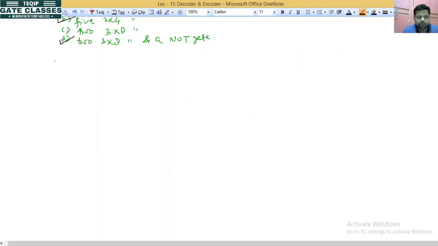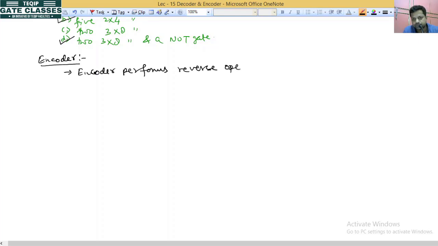Now our next topic is encoder. If we talk about encoder, so encoder performs a reverse operation of decoder. So the first point is encoder performs reverse operation of decoder.